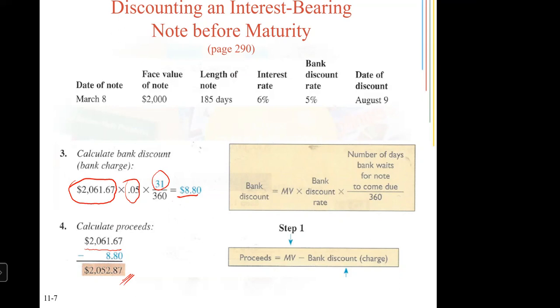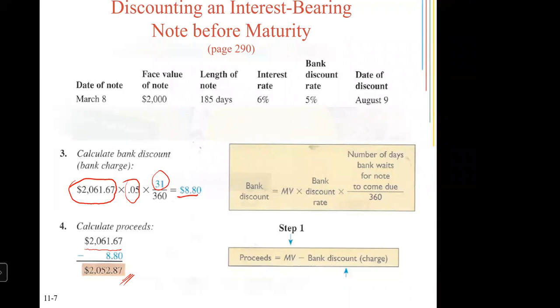Okay, so the company that took the note to the bank will get $2,052.87. And when the note matures on day 185, the company that wrote the note will pay the bank the $2,061.67. And their interest will be included in that. Okay, so that's the steps there for discounting a note before the due date.